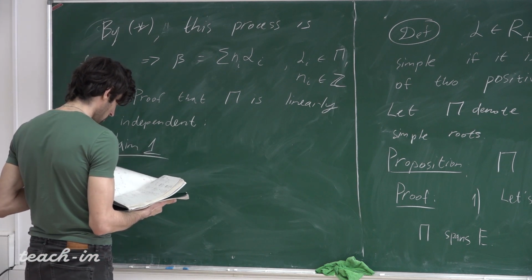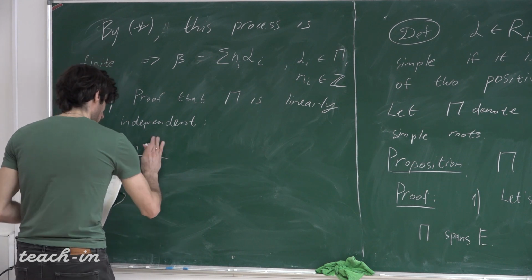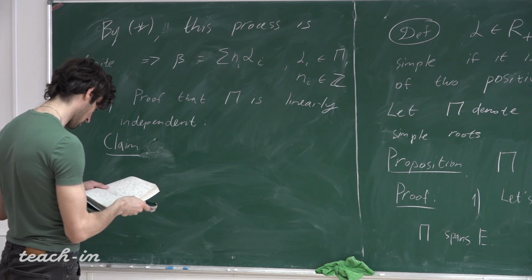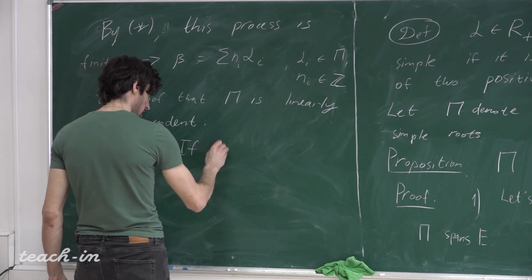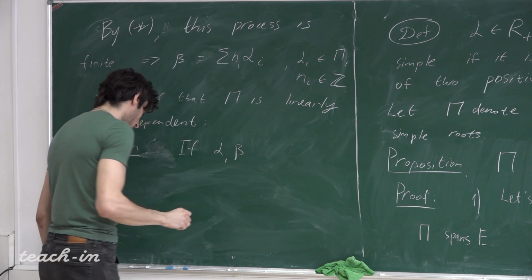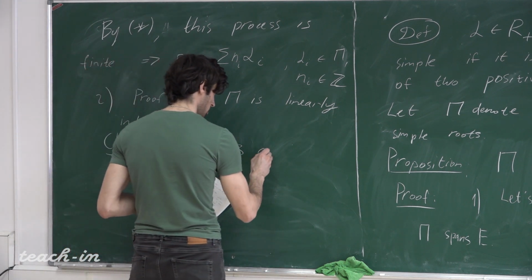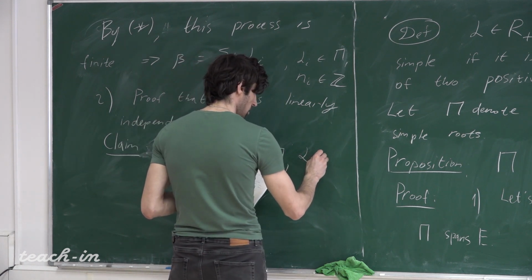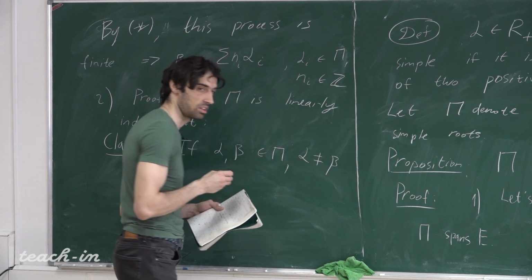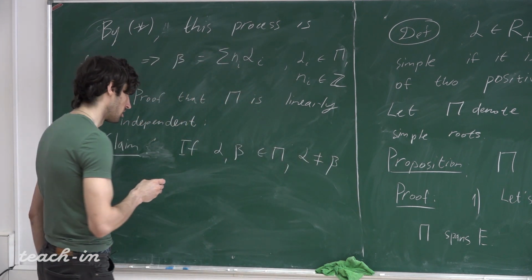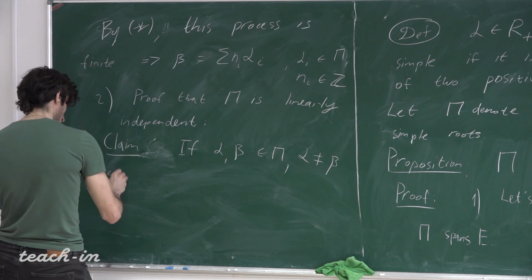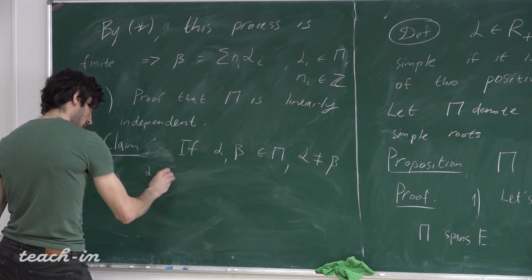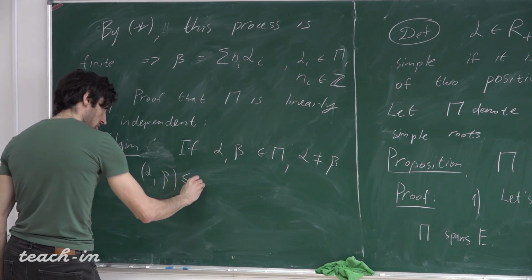Maybe just some claim that if I have two roots alpha and beta and they are simple, and alpha is not beta, so they are distinct, then the inner product of alpha and beta is less than or equal to 0.